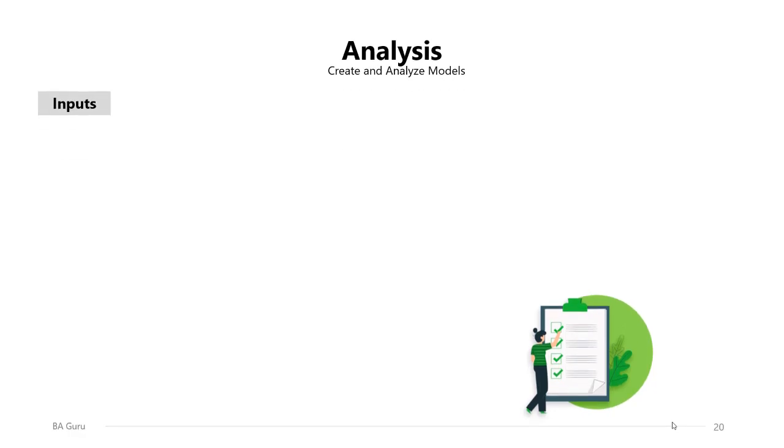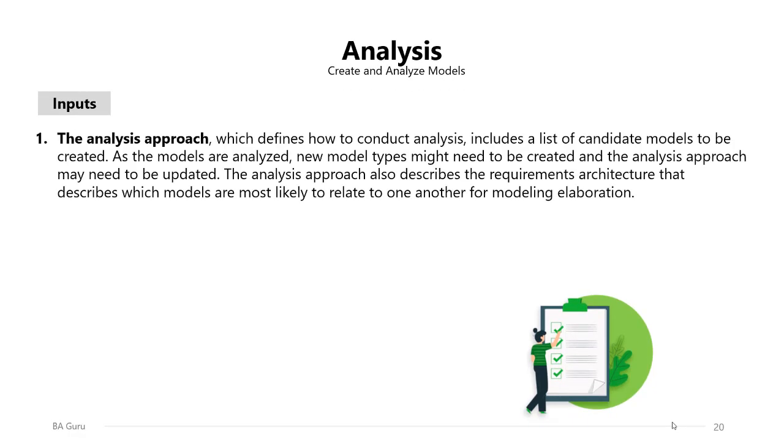So what are the inputs you need? We need 3 inputs to kick off, create, and analyze models process, starting with the analysis approach, which is an output of the determine analysis approach process. It defines how to conduct the analysis. It includes a list of candidate models to be created as part of this process.